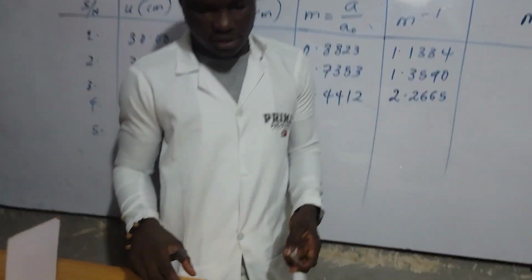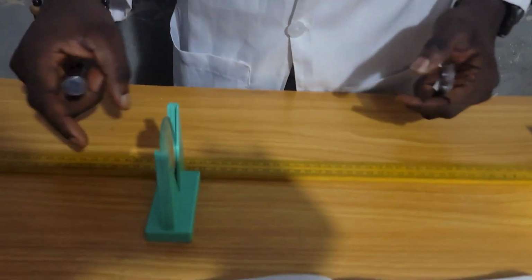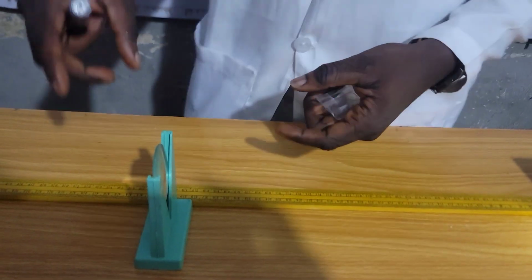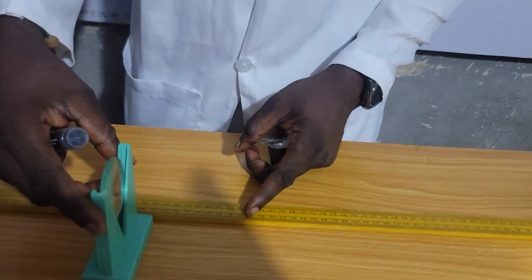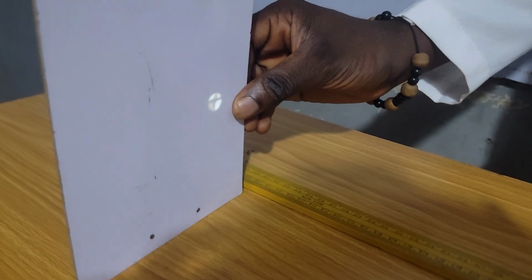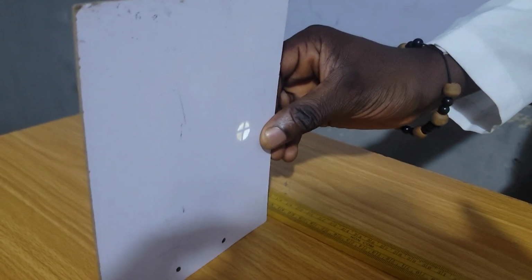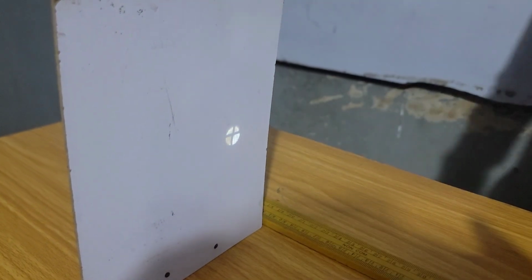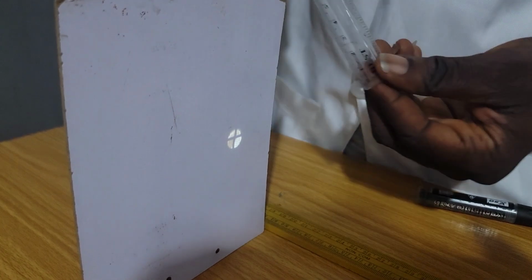So the next one is we should do for 45. So we'll place it at 45 now. Then we also check for a clearer image, not blurry. So you keep moving until you see a very sharp image. So I think it's around this region now. So let's check the height now.